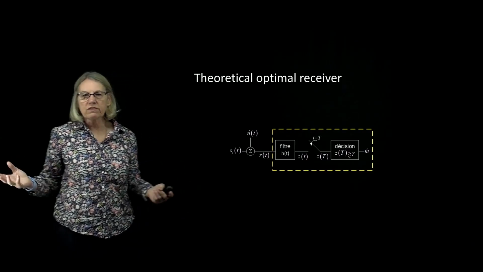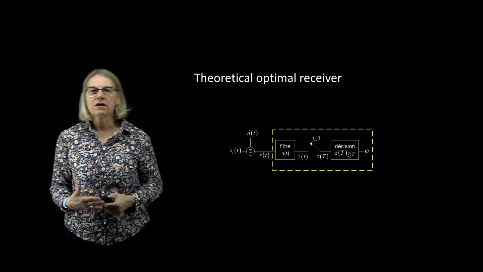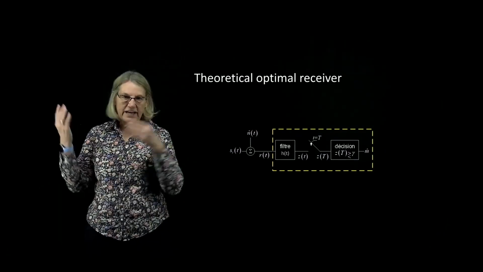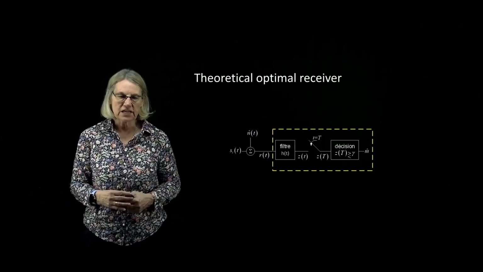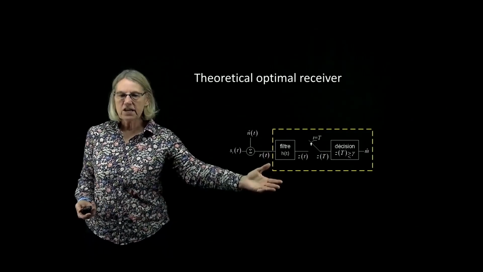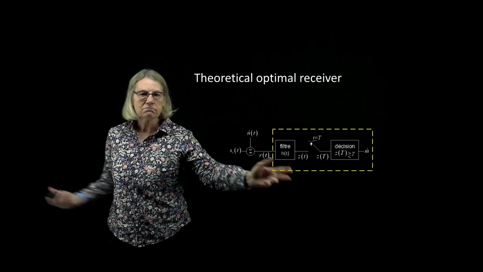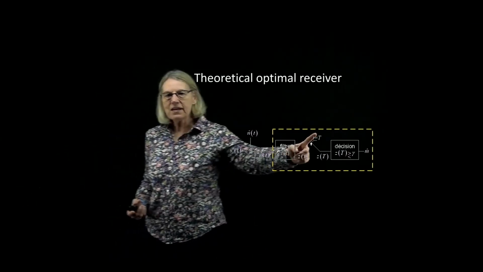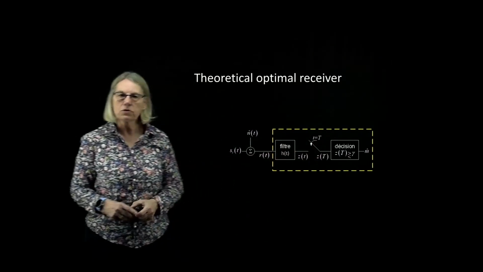So let's start with a receiver in general. What is the form of a receiver for a digital communication signal? Once we've got it into the electrical domain, what do we do with our received signal? This is a very classic optimal receiver, which has a filter. Makes sense. I'm going to filter the noise, reduce the noise as much as possible, and then I'm going to sample it. And this T represents the symbol time.